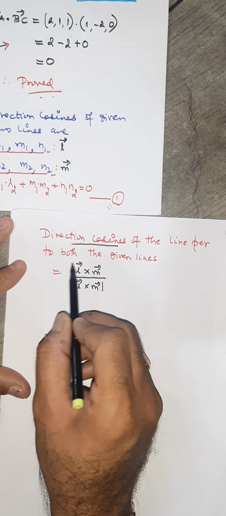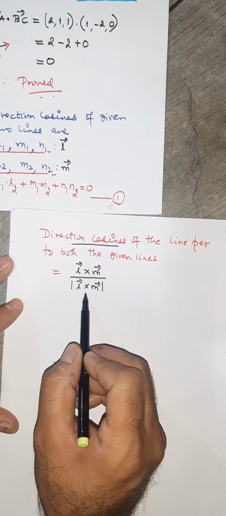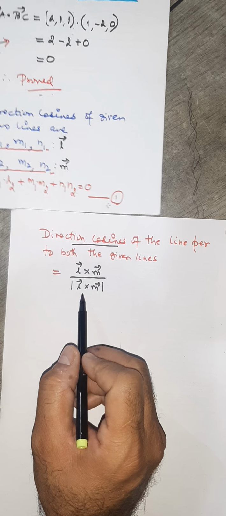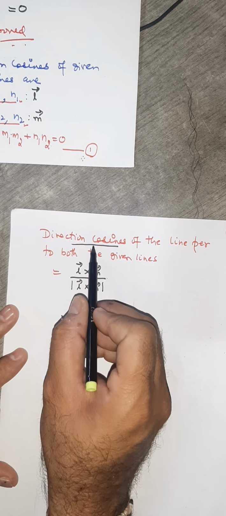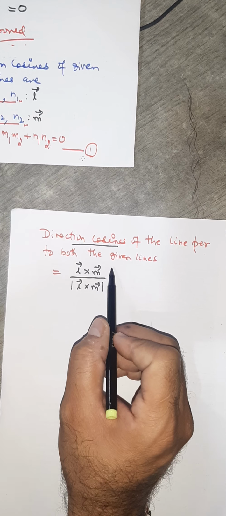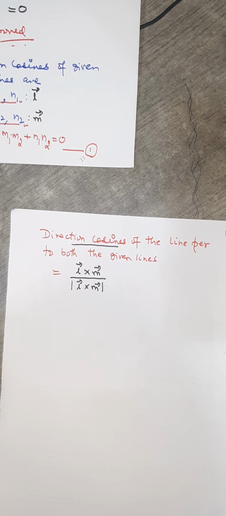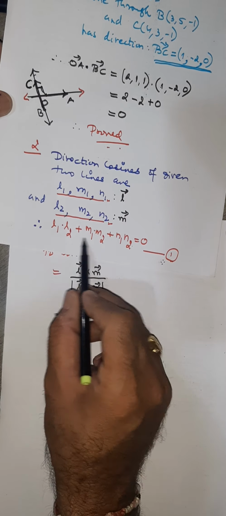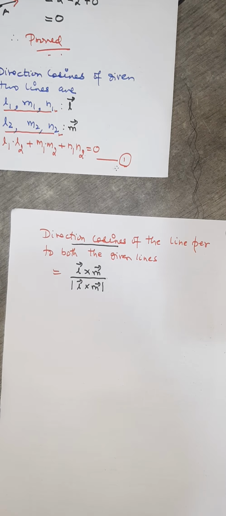Direction cosines are always a unit vector. So we have the cross product upon its magnitude. So this represents a unit vector which is perpendicular to the direction cosines of both the given lines. So we are going to find this cross product and its magnitude, and with the help of equation 1 we are going to show the required direction cosines.